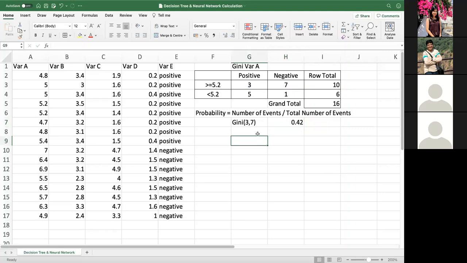Similarly, we have to calculate Gini of 5, 1.